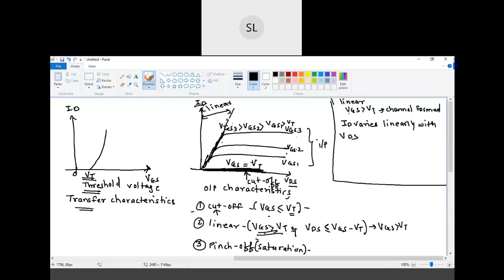So as you go on increasing VDS, this drain current will increase linearly with this drain to source voltage VDS.